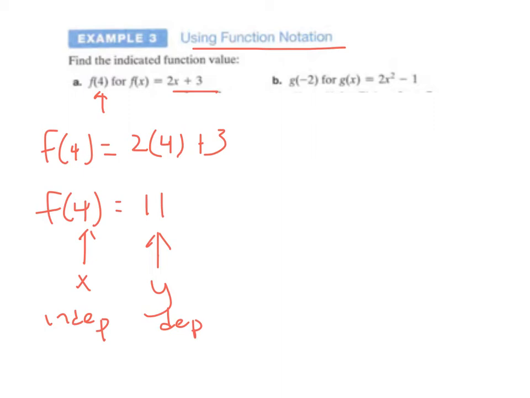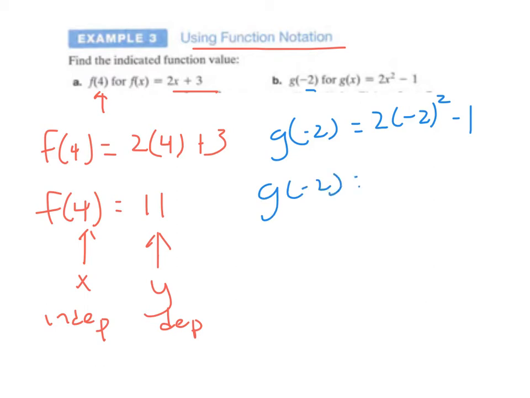So let's do that again. Here we have g of negative 2. So what that means is I have g of negative 2 equals, and I'm going to substitute the negative 2 in wherever x is. So in this case, g of negative 2, if I do my exponents first, I get 4 times 2, which is 8, minus 1. So g of negative 2 is 7.